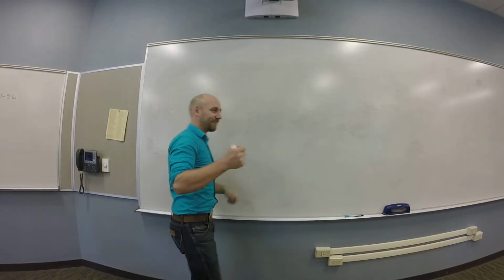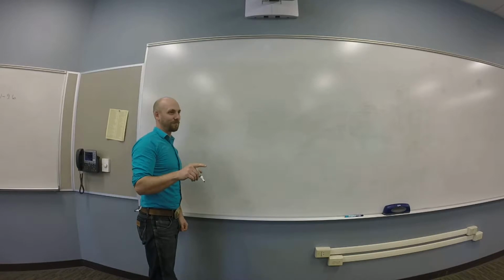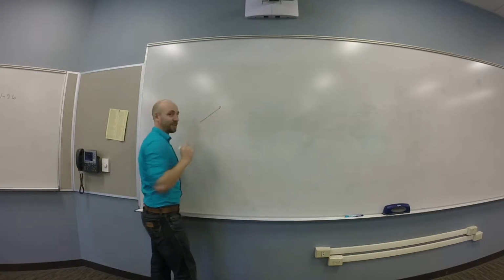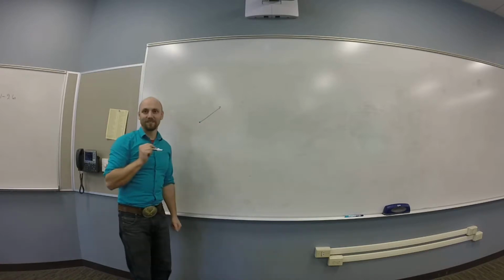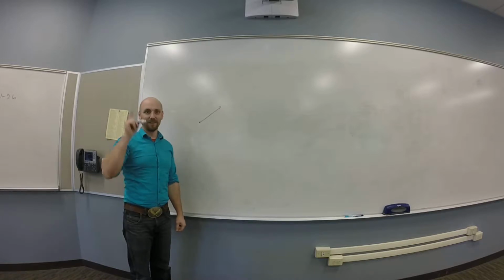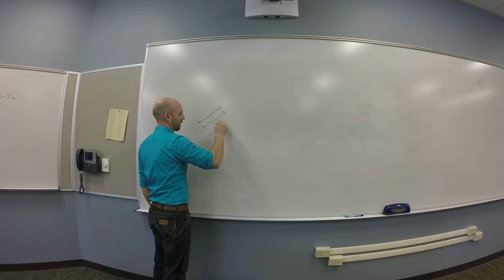Which is a kind of vector. Okay, so I need you guys to remember vectors very, very briefly. This is a vector. A vector is made of two things, which are a magnitude, which is kind of this length.